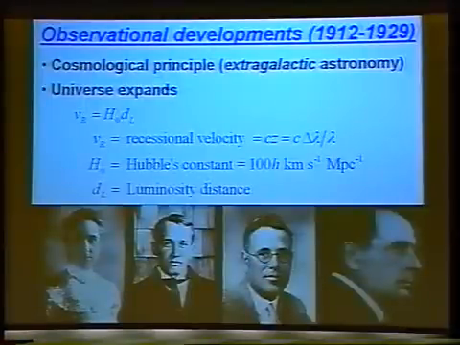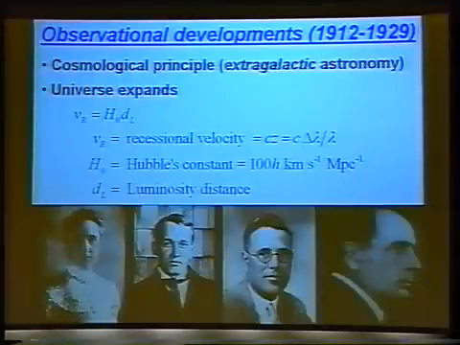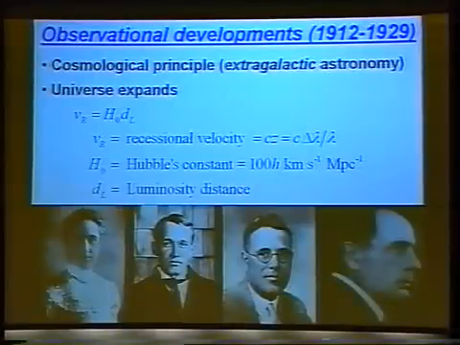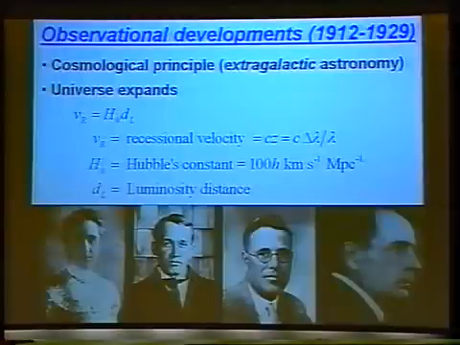And the discovery in 1929 made by Hubble that was really the evidence for the Big Bang model is the discovery that the universe expands. And the expansion of the universe, as written by Hubble, is an expression for the recessional velocity of galaxies being proportional to the luminosity distance to the galaxies.